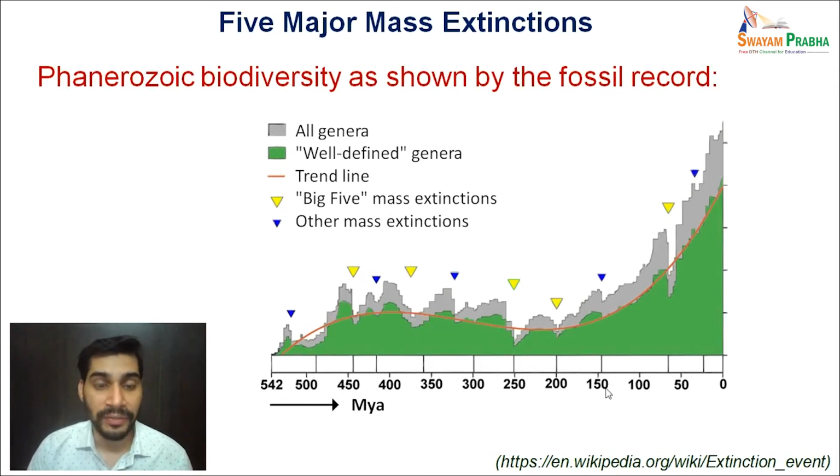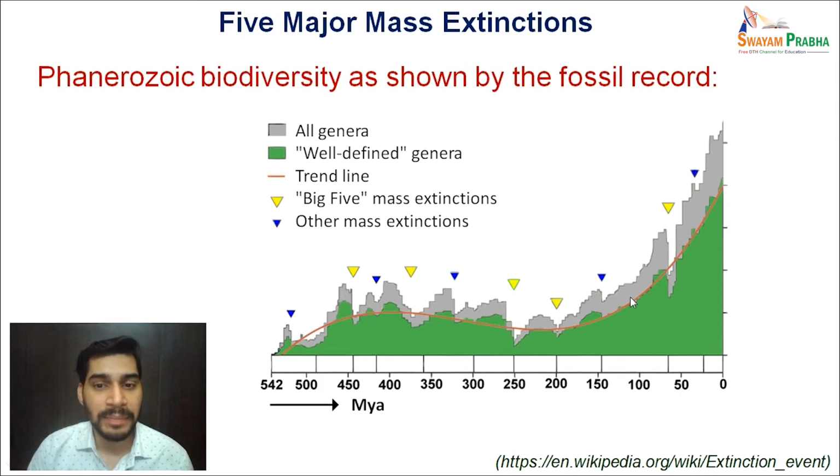If you see, this is the current time, and here you can see the million years back, the history. Here, the area which you see in the gray is depicting all the genera present at that particular time on the earth. The green area shows the well-defined genera in that particular time.